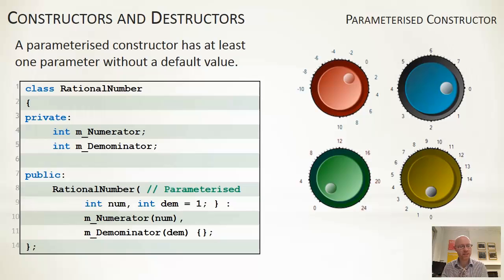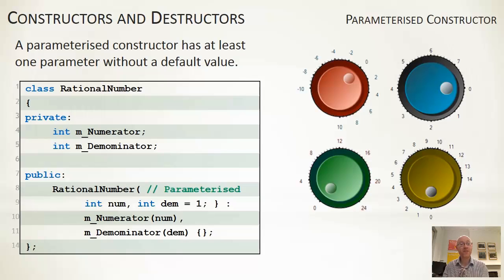You can see an example underneath it where we have a rational number class, or the start of it, where we've got a couple of private variables, numerator and denominator, and we've got a public constructor, and this is a parameterized constructor. You can see there that when we're passing it in, we pass in num and dem, but for the denominator, the dem value, we are saying equal to 1.